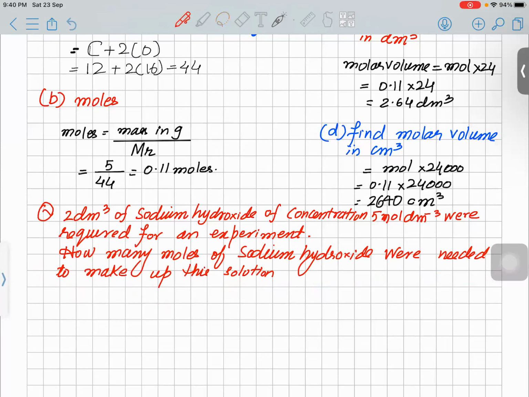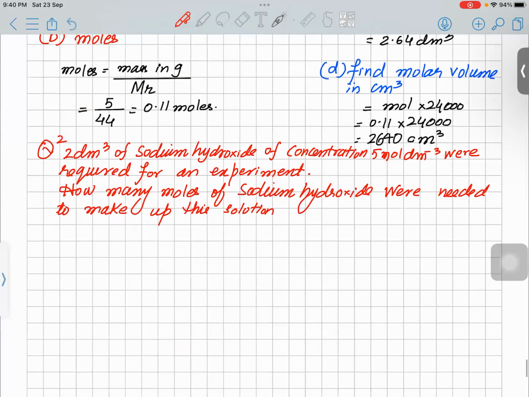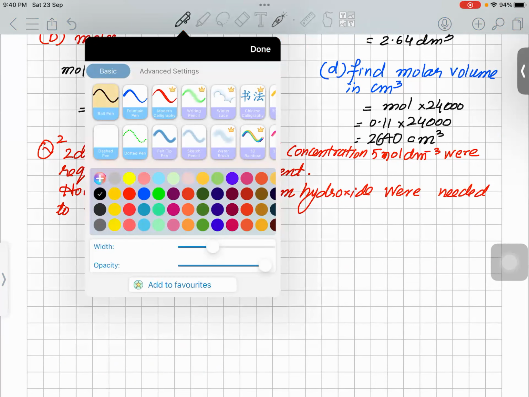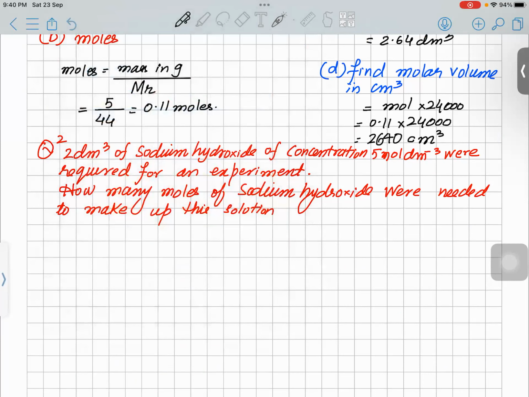This is question number 2. Now can you tell me what things are given? Yes, volume is given. Sir, volume is given, concentration is given. Right? Volume is given.